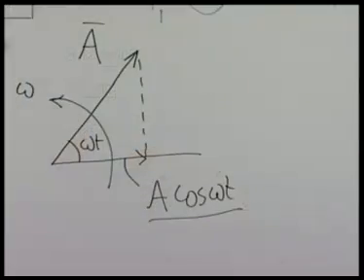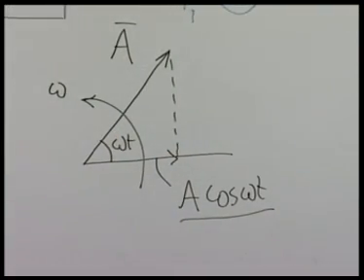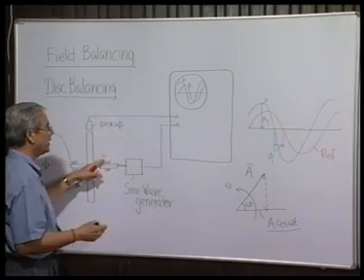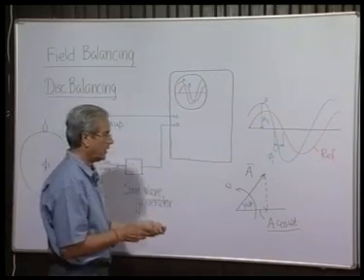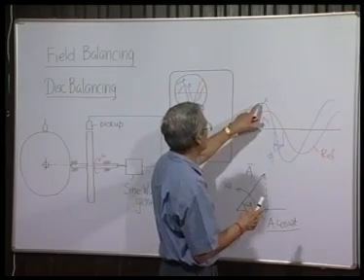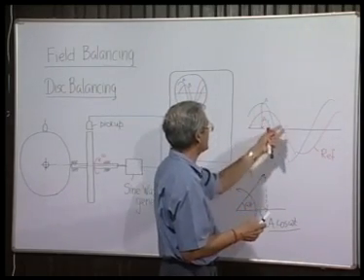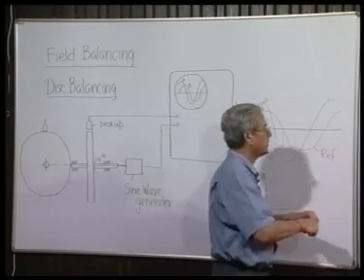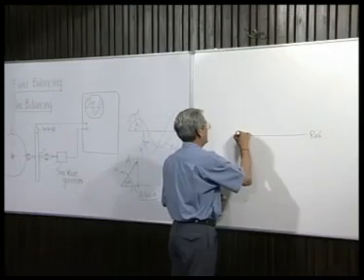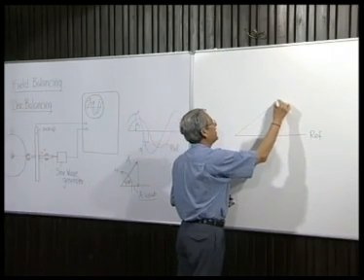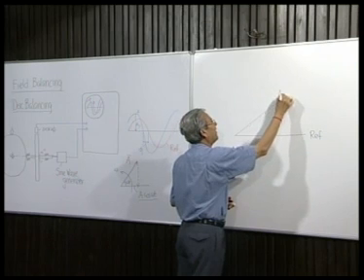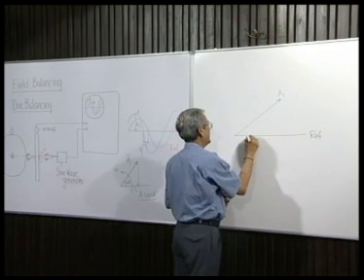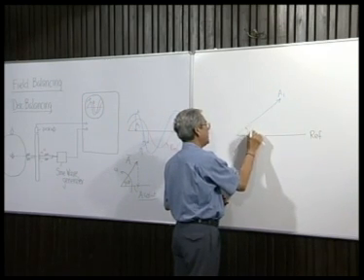So, we will just represent the vibration when it is rotated at speed omega by A 1. Now, A 1's magnitude is this and its location from this reference is this, where this angle is phi 1.